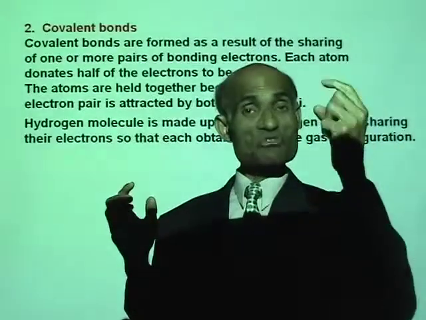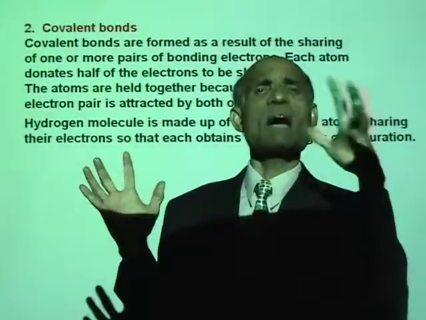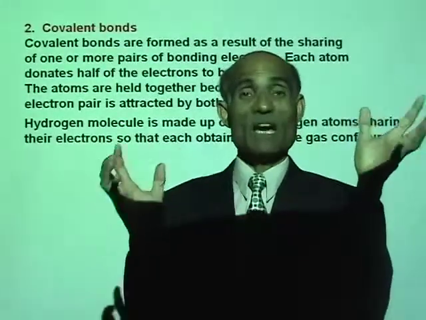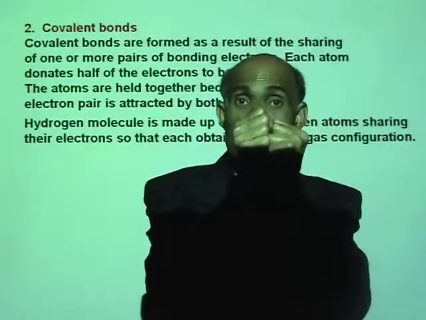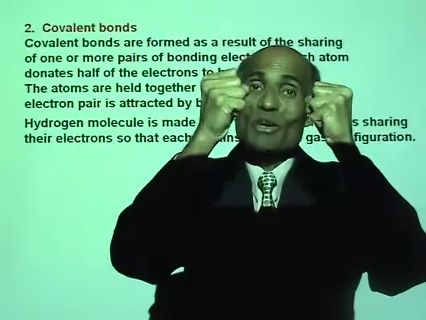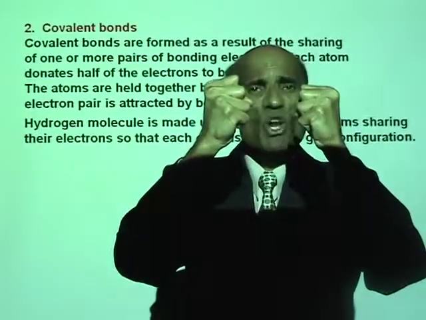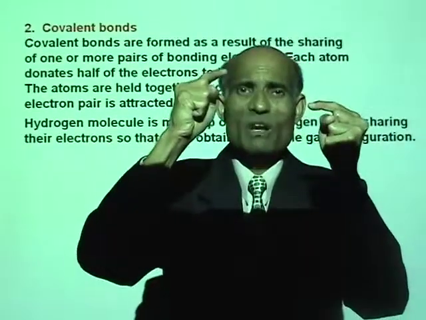So that is what happens when a hydrogen atom comes with another hydrogen atom. You see, hydrogen has just one lone electron. So hydrogen is a very unhappy camper. And so what do they do? They make arrangements between two hydrogen atoms. One hydrogen atom will talk to another hydrogen atom. Well, look, I have one electron, you have one electron.